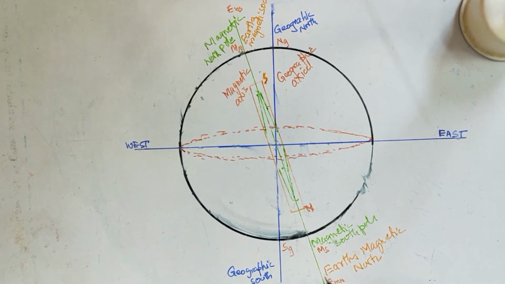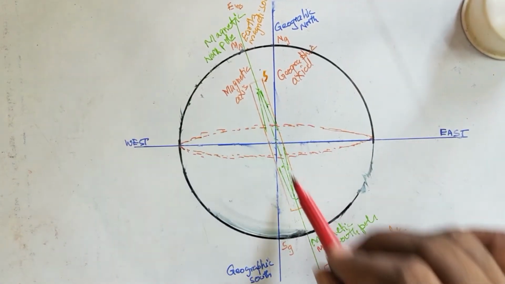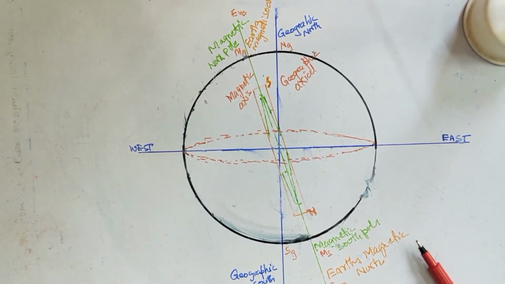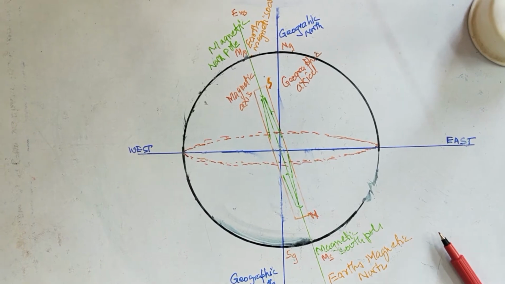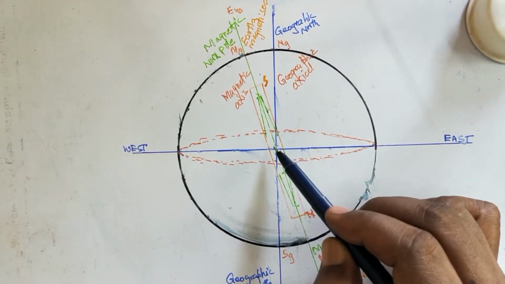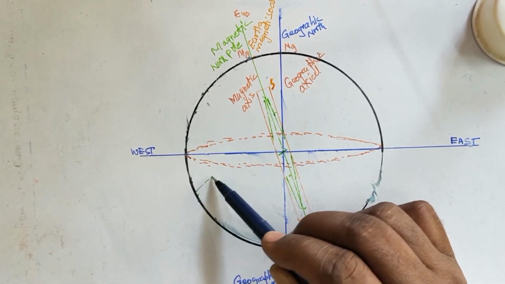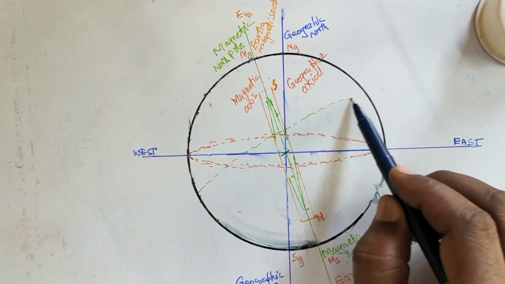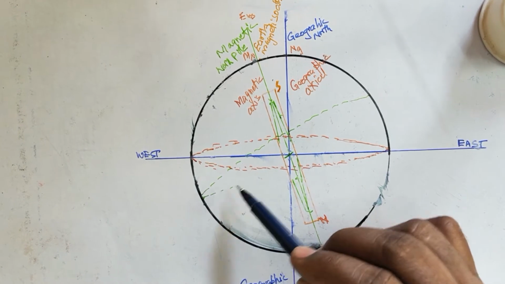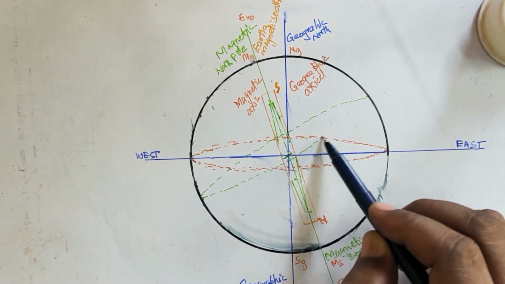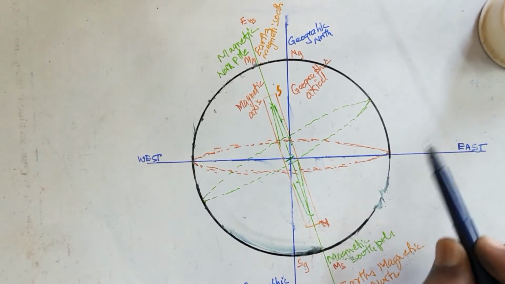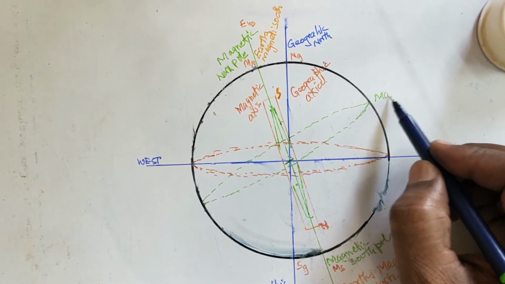Now there is one more equator which is based on this magnetic axis. I will mark it with a different color here. With this axis I will draw the magnetic equator of earth. So this is the magnetic equator of this earth.